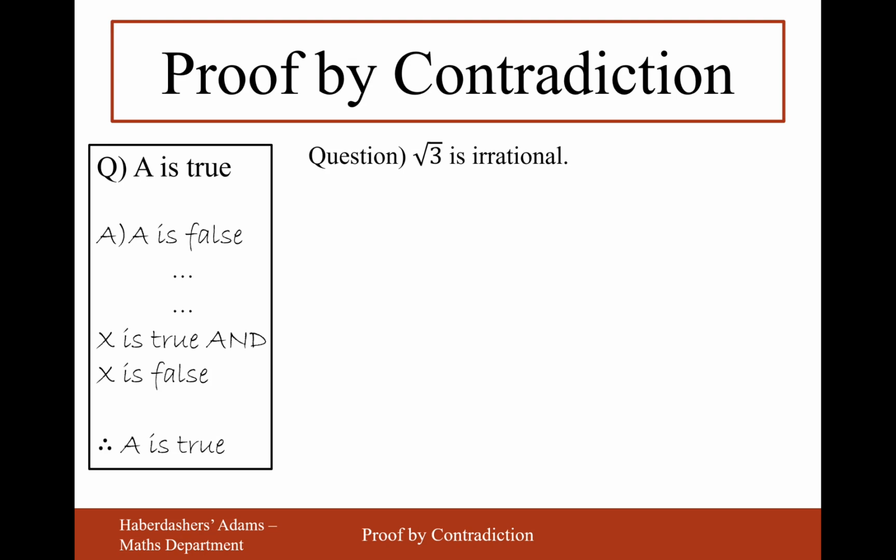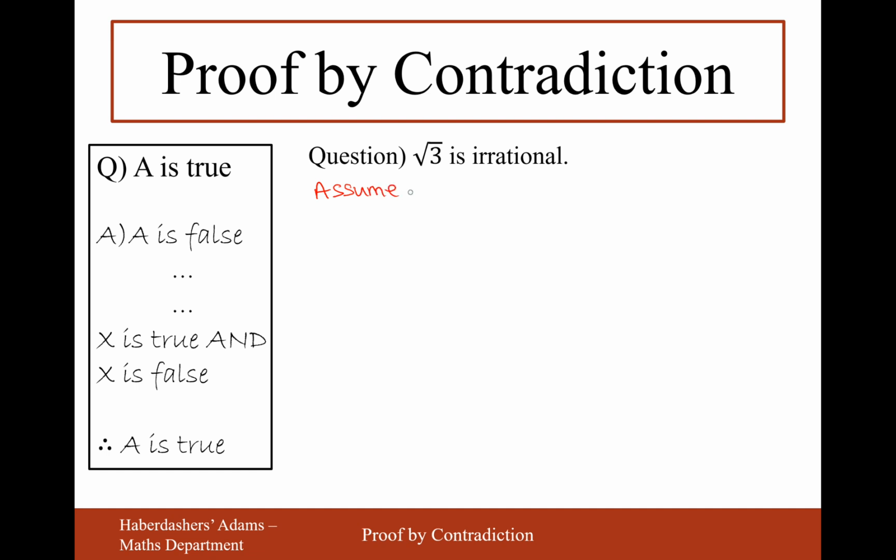Okay, so the next one is the square root of 3 is irrational. Now the outline for this proof is going to be very similar to the square root of 2 is irrational, so definitely pause the video, have a look at how you proved square root of 2 is irrational, and therefore you can probably use the same kind of ideas proving that square root of 3 is irrational. So we're going to start by assuming the opposite.